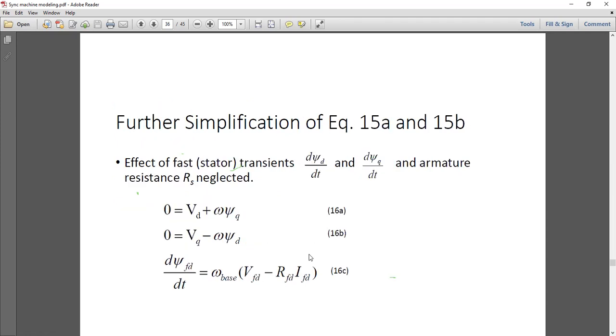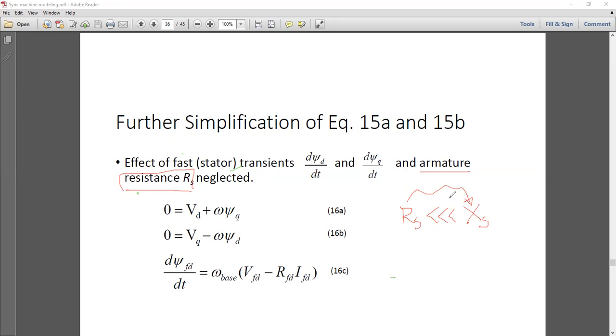However, we are also neglecting another thing, that is the armature resistance. In general, while we design the machine, the armature coil resistance is kept to a very small proportion of the armature coil reactance or inductance.